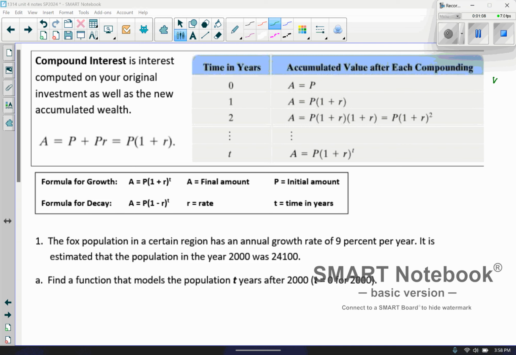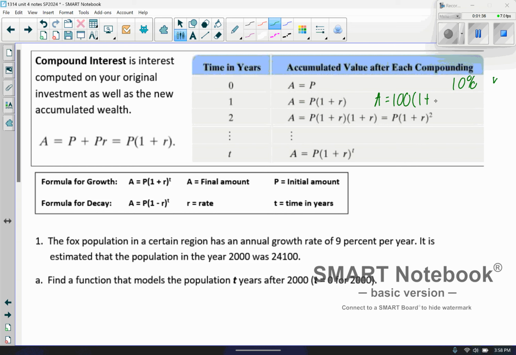Looking at the example I brought up, A is going to be the accumulated value after each compounding. For example, the principal: let's say you borrow $100 and you're going to pay it back in 1 year, plus you have to pay 10% interest. For 10%, you don't want to plug in 10, because that means you're going to pay back 10 times as much, right?